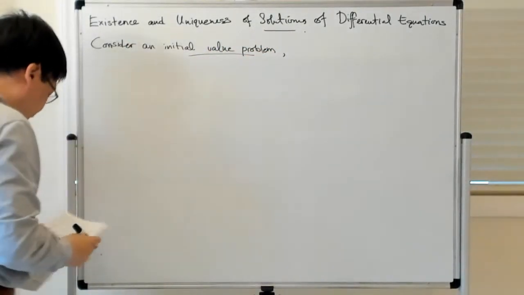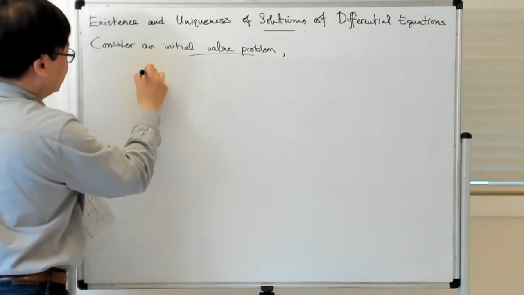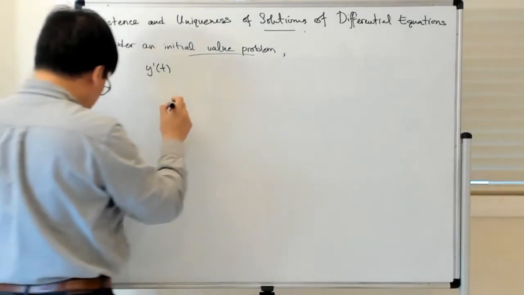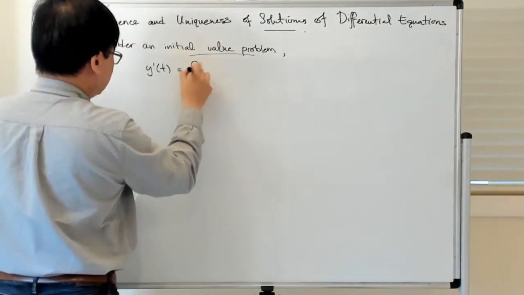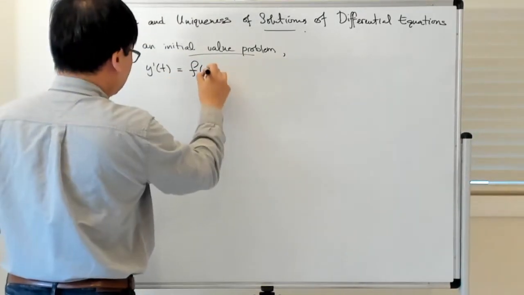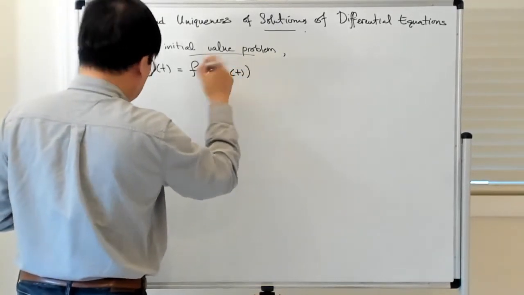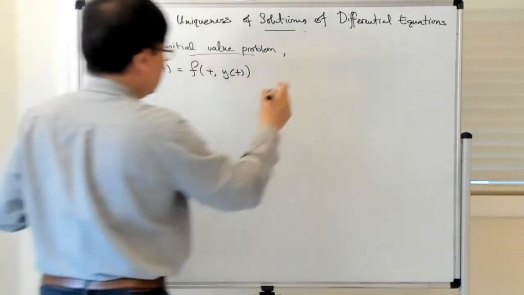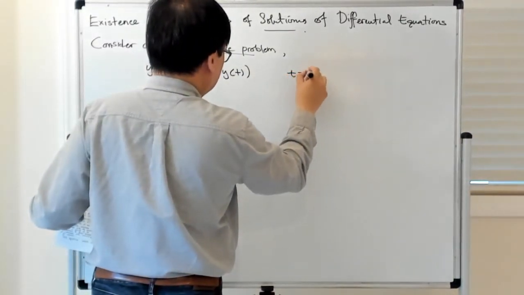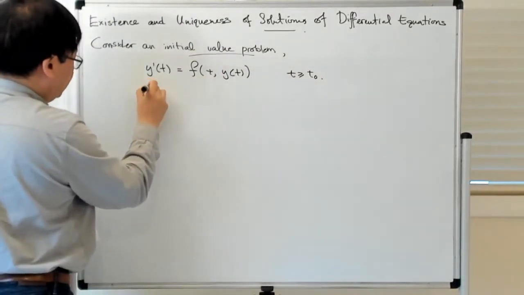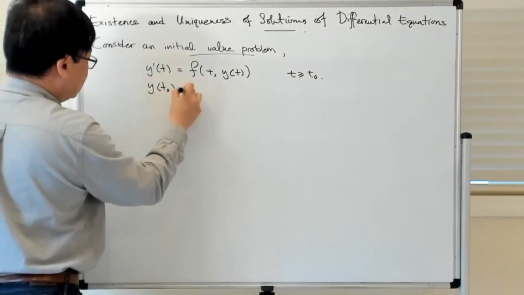Basically, you have a differential equation which involves the first derivative, y prime, equal to some other function which depends possibly on time, as well as that function y of t itself. And this holds for t greater than or equal to some initial time t0. You also have the initial value of y, so y at t0 is equal to y0.